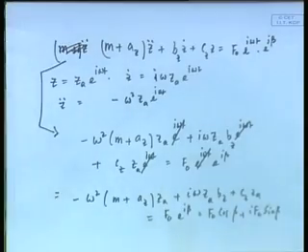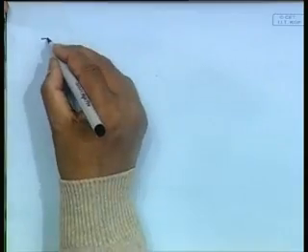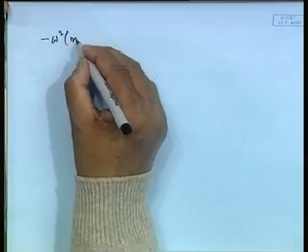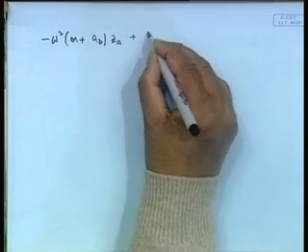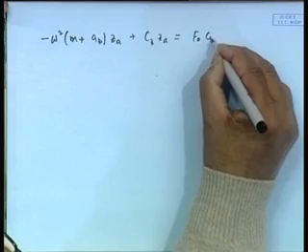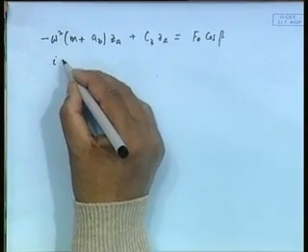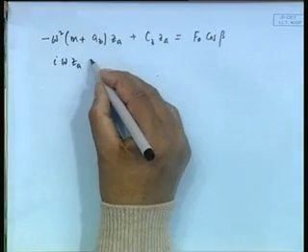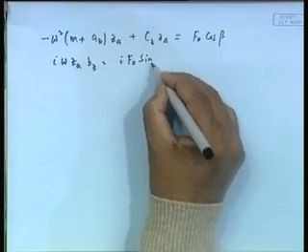So now obviously from this equation real part is real part, imaginary part is imaginary part. So you end up getting two equations from which you can find this thing. So what I end up getting is minus omega square m plus az za plus cz equal to f0 cos beta, and i omega za bz equal to i f0.